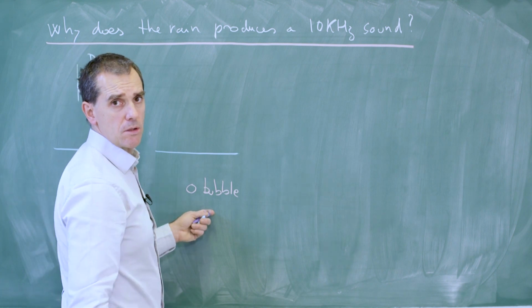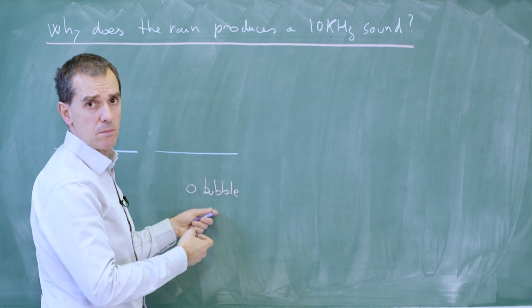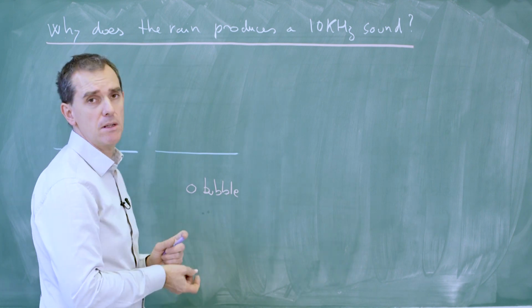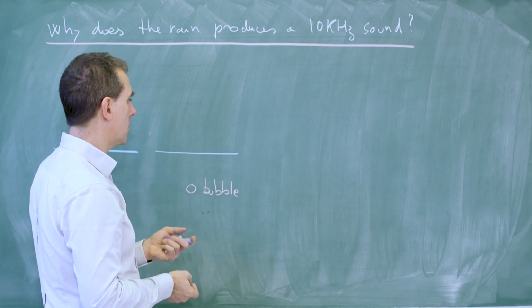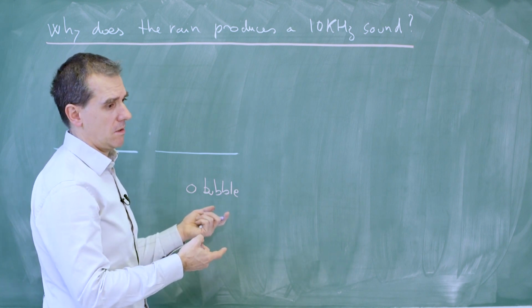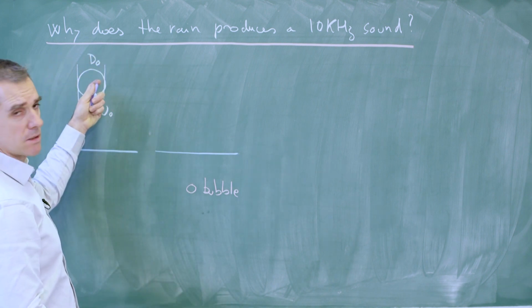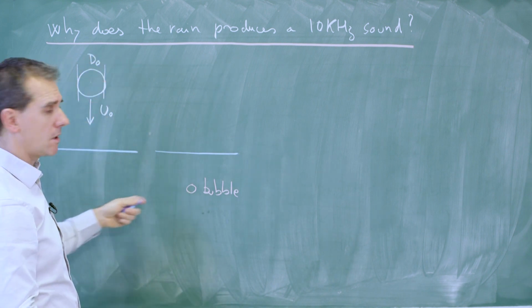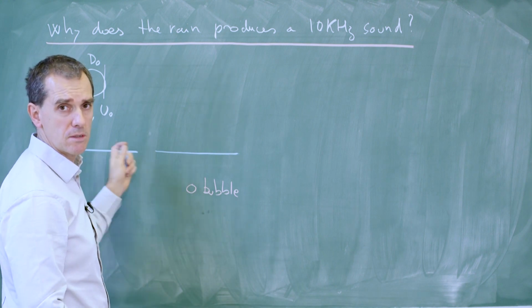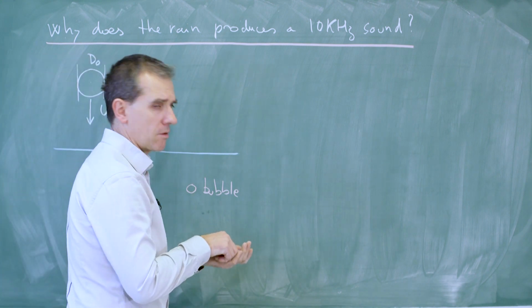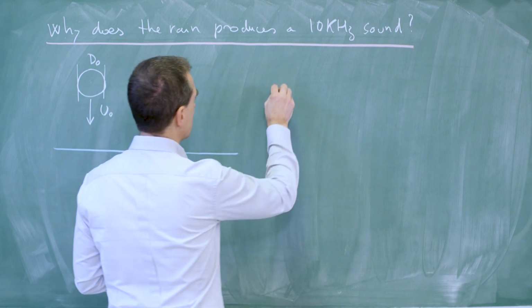And the 10 kilohertz are associated to the vibration of this bubble, right? So this would be the final answer. In fact, what we are going to discuss is how it is that when you impact a water drop onto water, at the end you get a bubble, right?